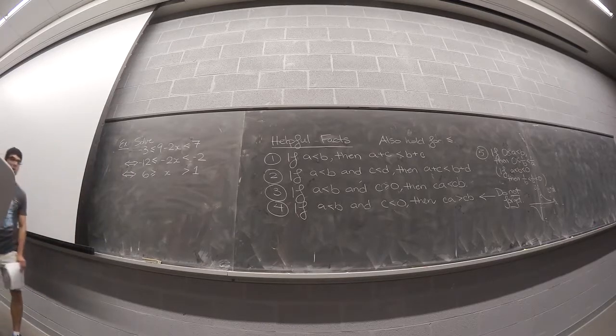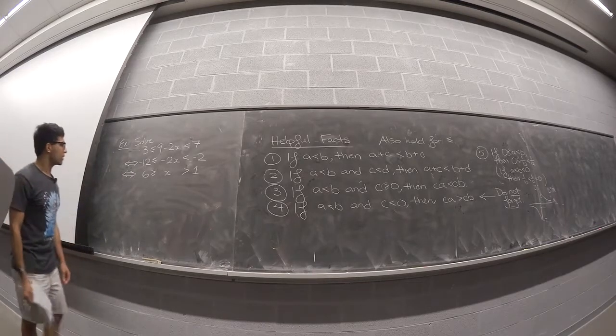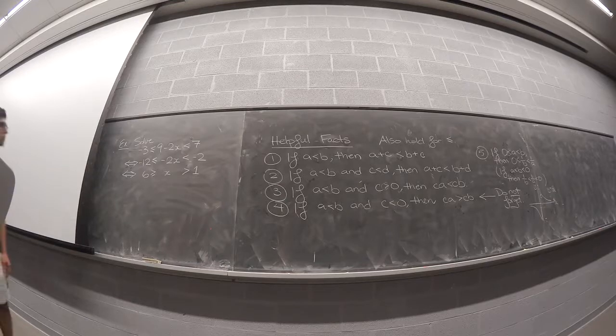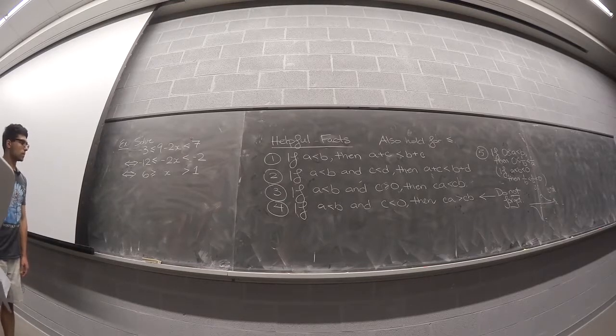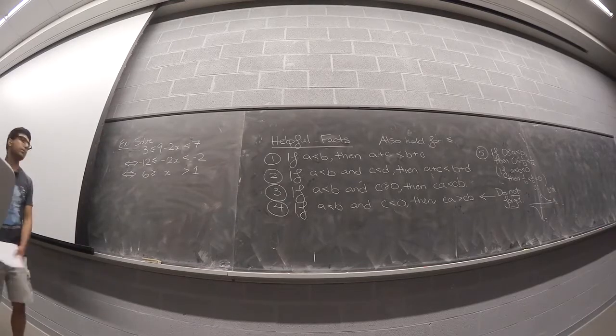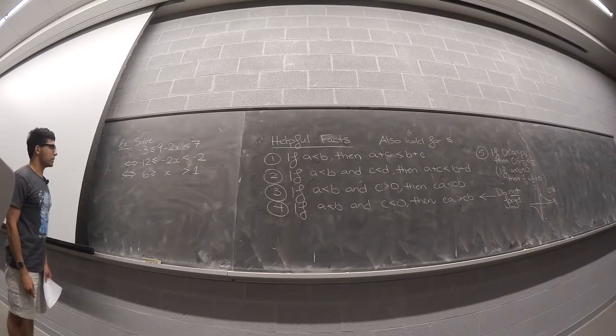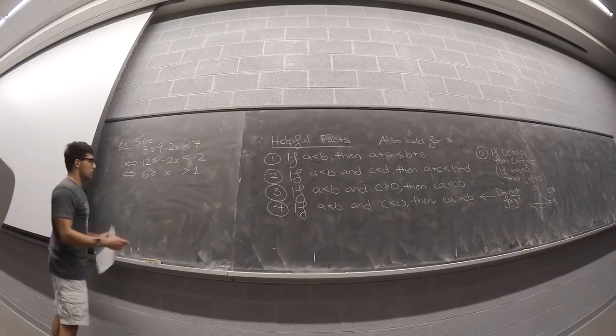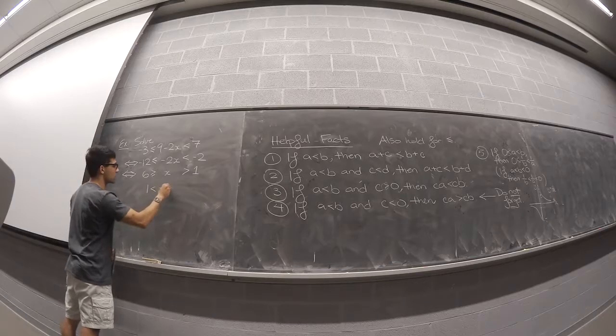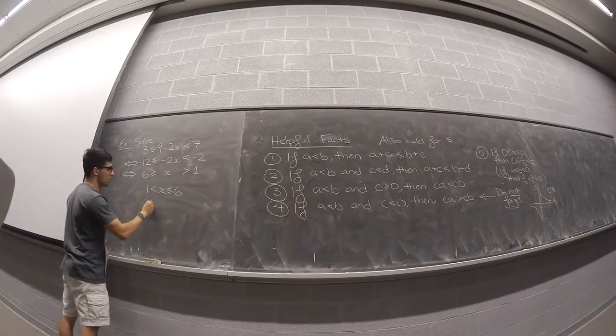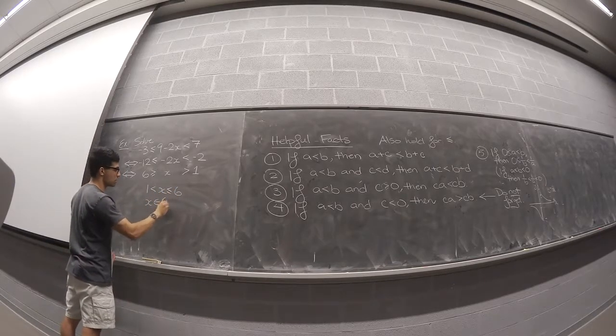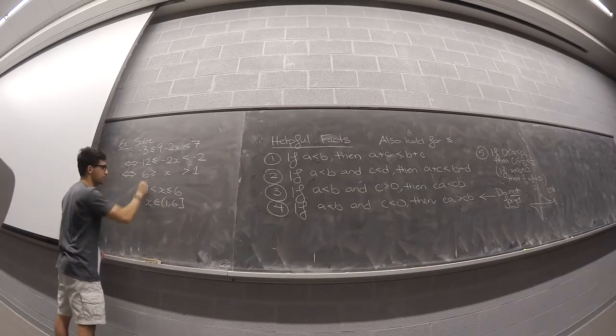Please, please don't forget. And if you forget, in this case, I think you get nonsense. Okay, and that's it. So that's your answer: 1 is less than x is less than or equal to 6, or you could say x is in this interval. And that's it.